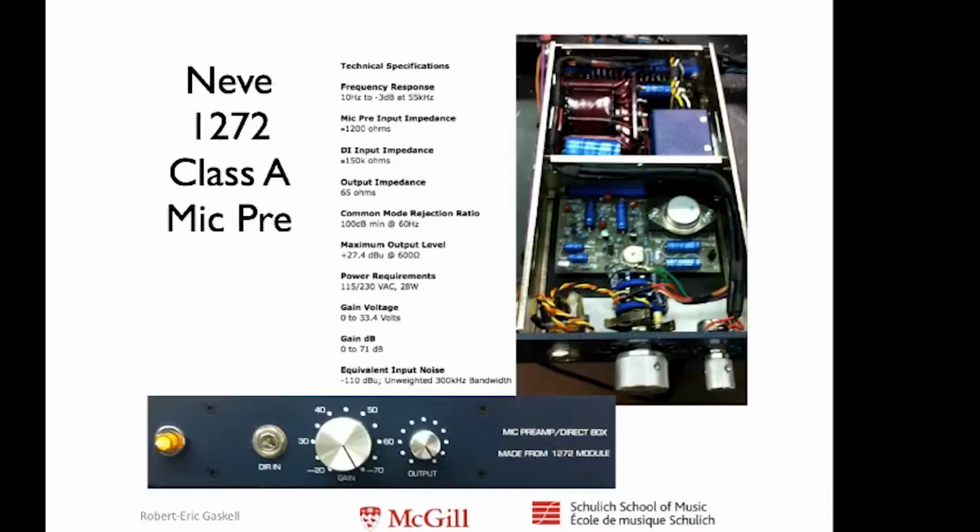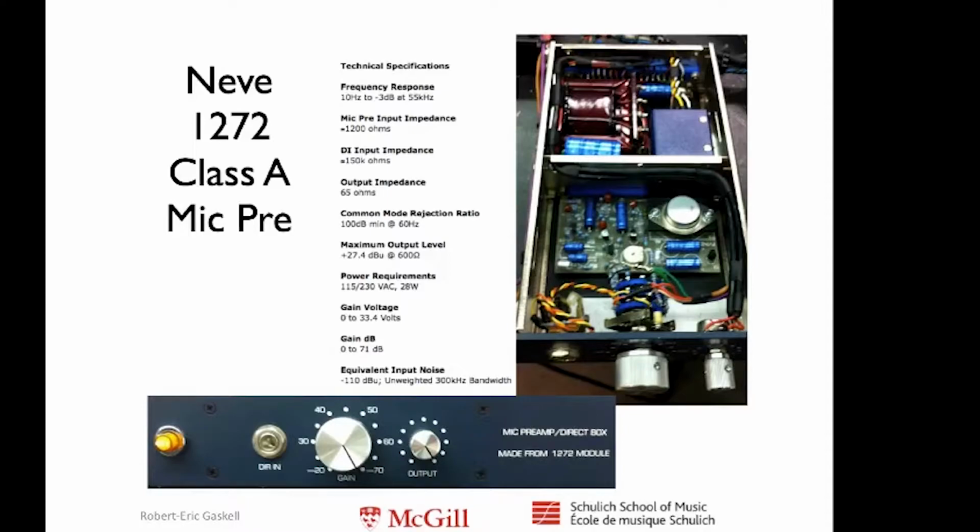All right. So here is the Neve 1272 Class A. You can see in the picture the Carnhill transformers, transformer buffered in and out. A single voltage power supply with a big heat sink on it because it's always drawing current. And a gain range of up to about 70 dB of gain.